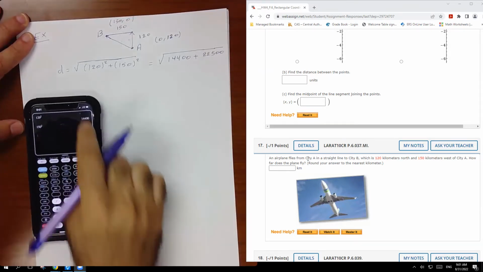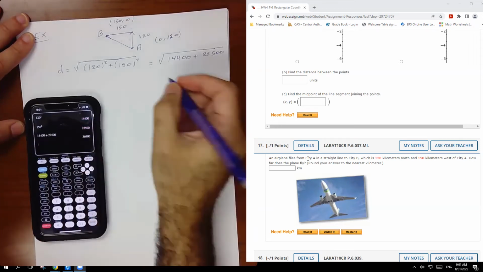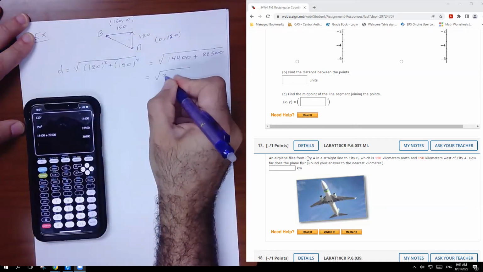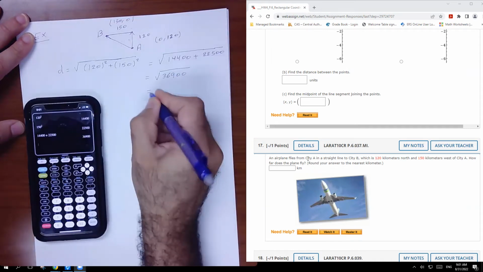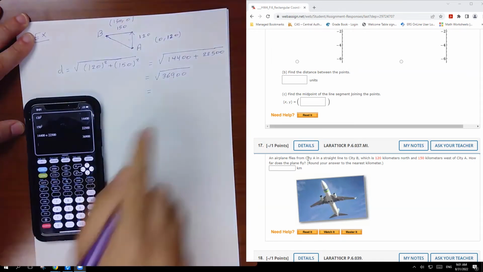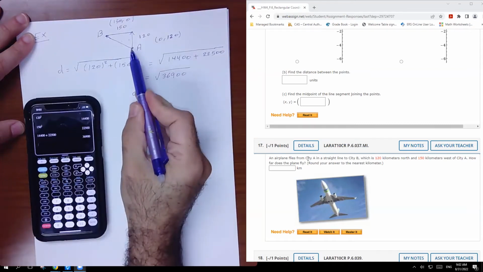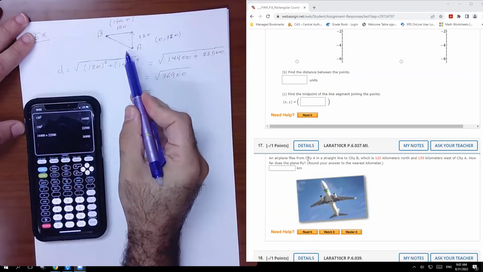Add these two numbers, this one plus this one. So the result is going to be the square root of 36900. Now we need to find the square root of this number to get how far the plane flies.